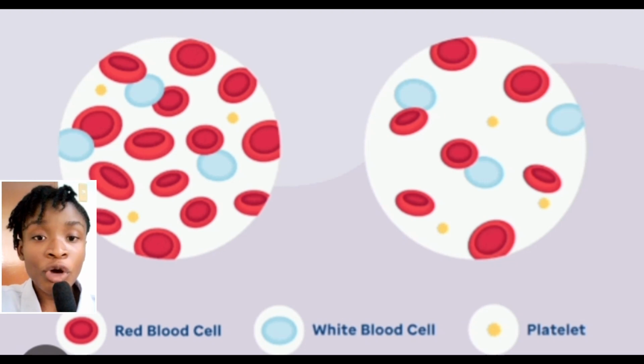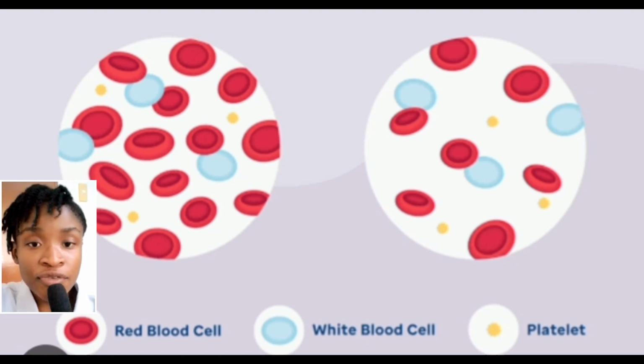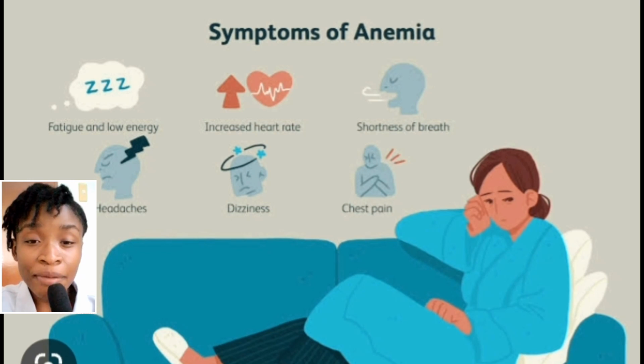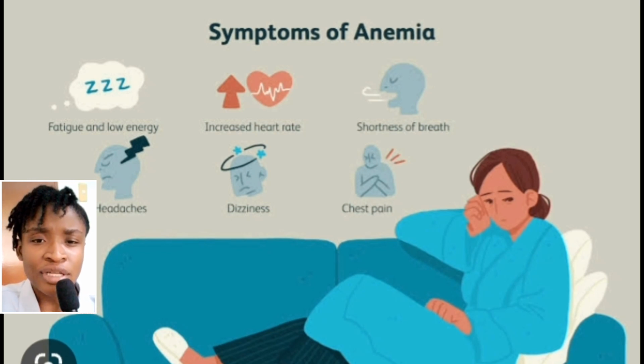Hence, if there's a lack of red blood cells, then the body is not receiving enough oxygen. Hence, the symptoms of anemia are dizziness, drowsiness, sweating a lot, and irregular heartbeat.